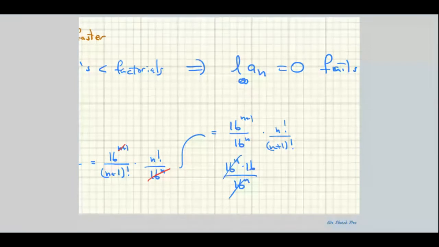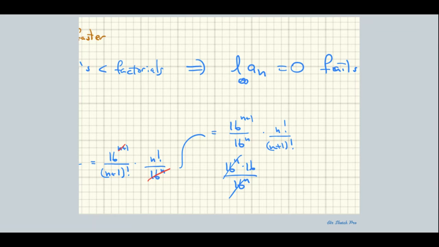Now, for the factorial part, this is the fun part. Remember, n factorial is the product of n and the previous factorial. So n plus 1 factorial is the product of n plus 1 and its previous, which was n factorial.